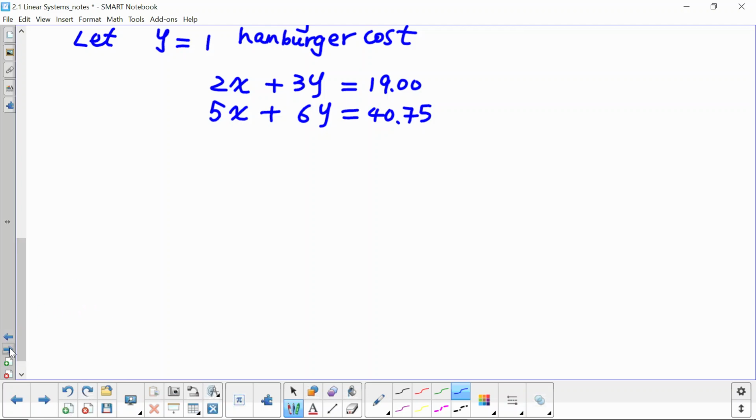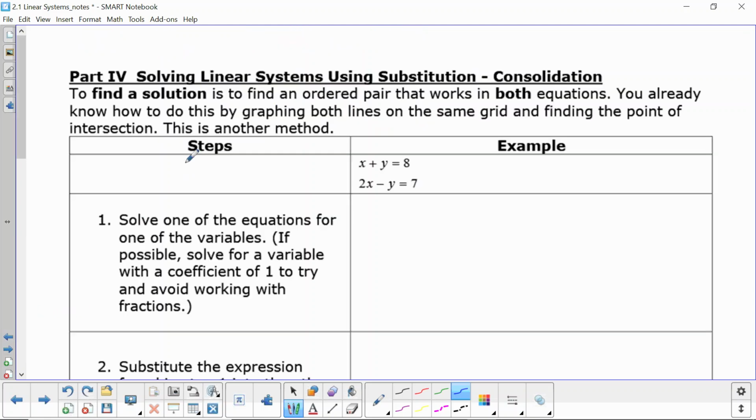Okay, so here, to find a solution is to find the ordered pair that works in both equations, and on the graph it is just the point of intersection of the 2 lines.